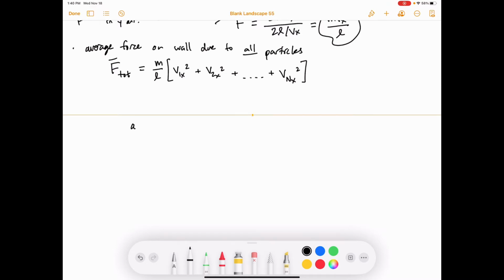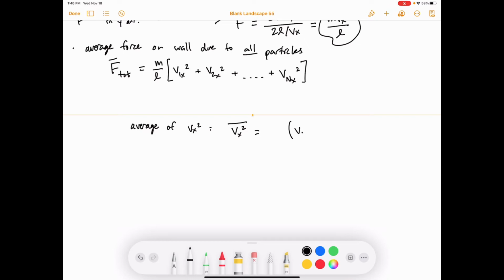We'll start with the definition of an average. If I have a quantity Vx squared, how do I take the average of that? Well, I take Vx squared and put a little bar on top to denote that I'm talking about an average. But of course, I have to add up all the values.